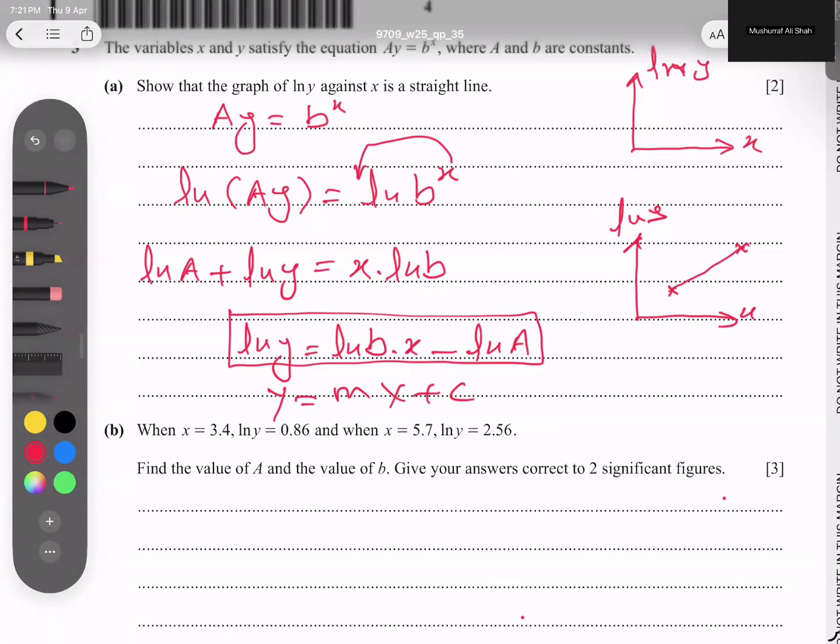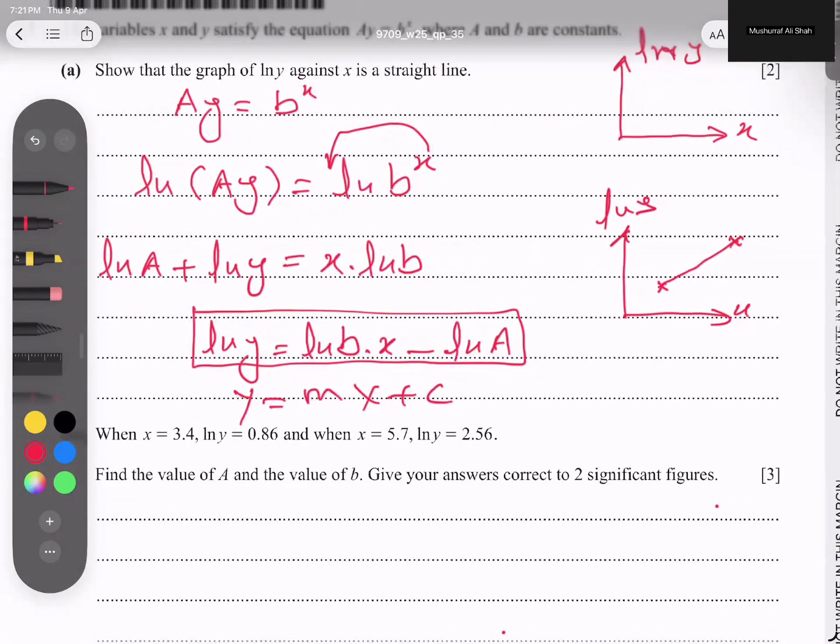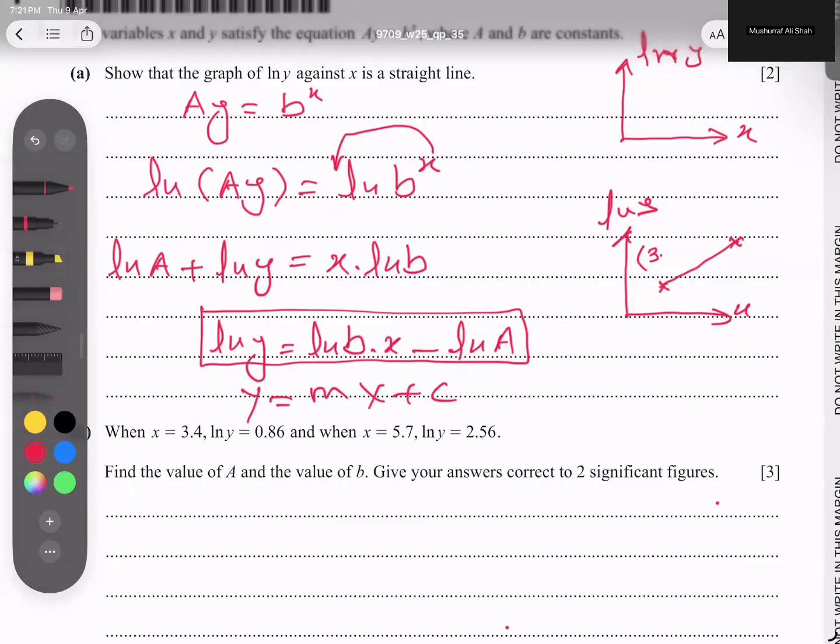Let me elaborate once again. This is 3.4 comma 0.86. Another point is 5.7 comma 2.56. You may ask what the reason behind this is: this is x, so I'm writing x here, and this is ln y. So what to do, students?